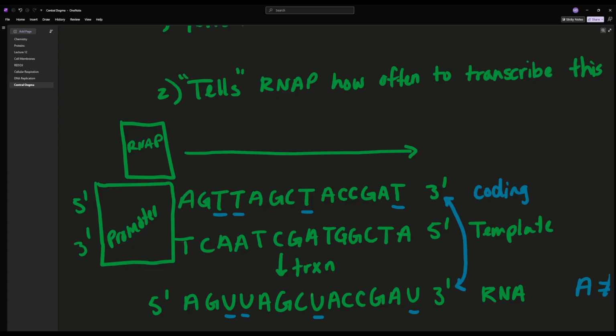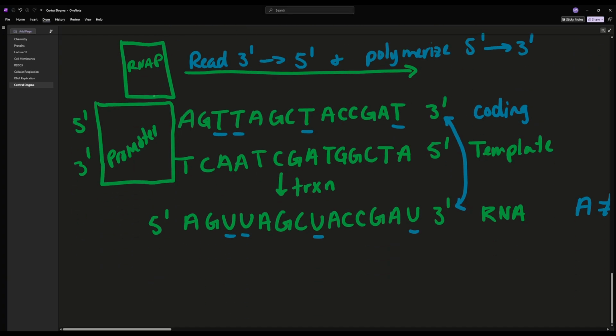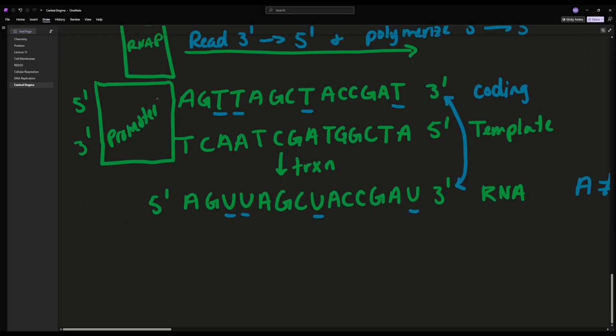Okay. So to recap, RNA polymerase is going to read 3' to 5' and polymerize 5' to 3'.